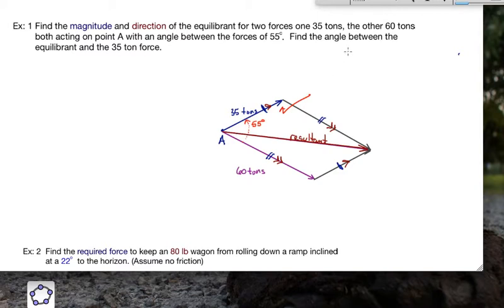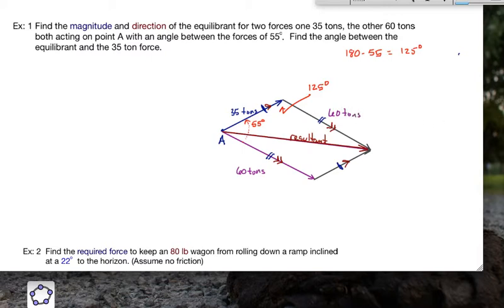So this angle is going to be 180 minus 55, which would be 125 degrees. So 125 degrees there. So this side over here is also going to be 60 tons.